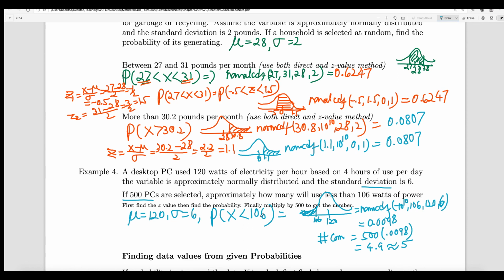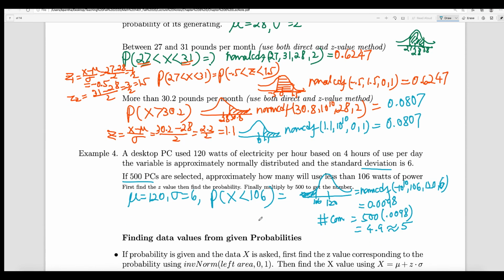So this is how you find the probability if X values are given. If you want to do it by the G value method, find G first. G equals X minus mu over sigma, so X is 106 minus mu is 120, divided by 6.